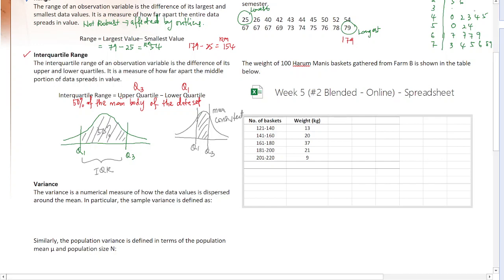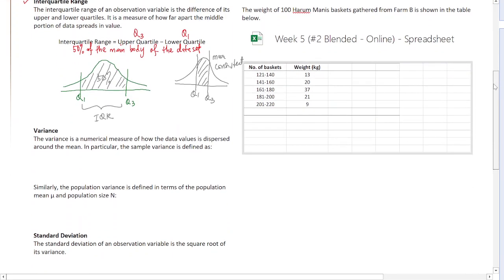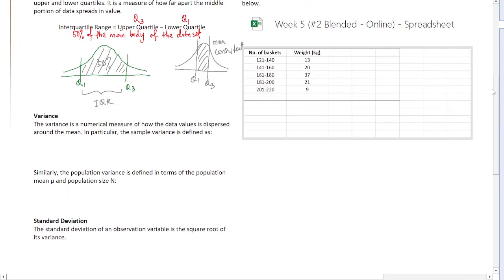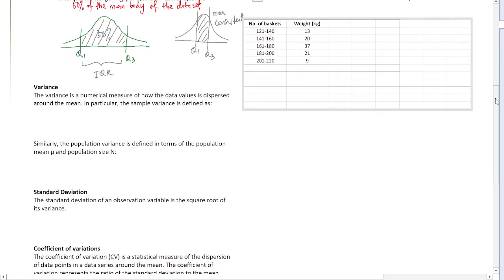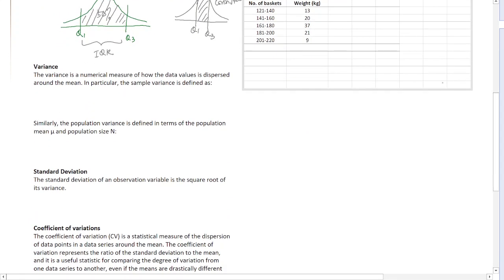Okay, so the next one that we're going to look at is what we call as variance. So of course, if you cannot use both of these to make comparison, another way is by using what we call as a variance. Okay, what is variance all about?